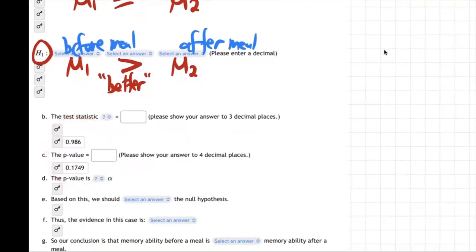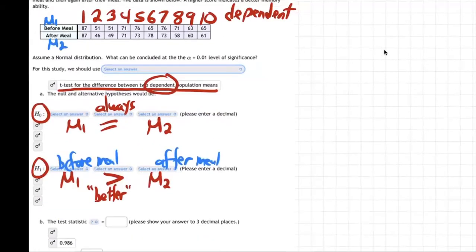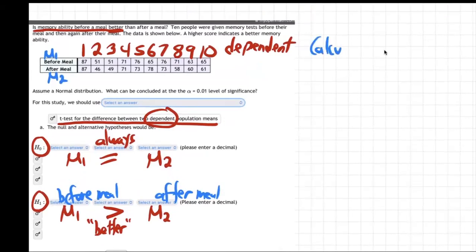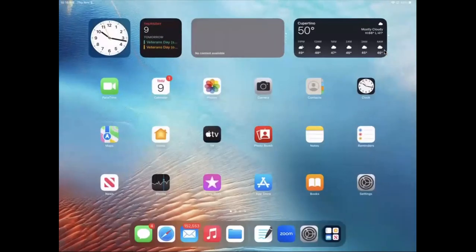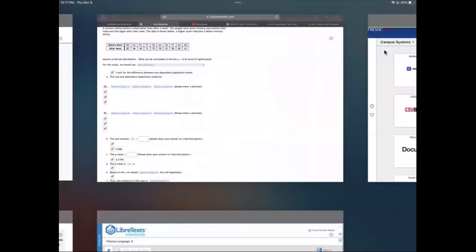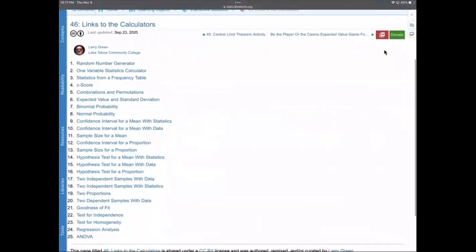All right. Well, here's the numbers from the test, statistic, and the p-value. Let me show you how you get that. We're going to go to the calculator, number 20, two dependent samples.